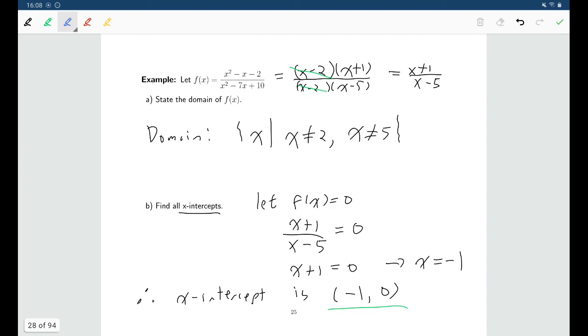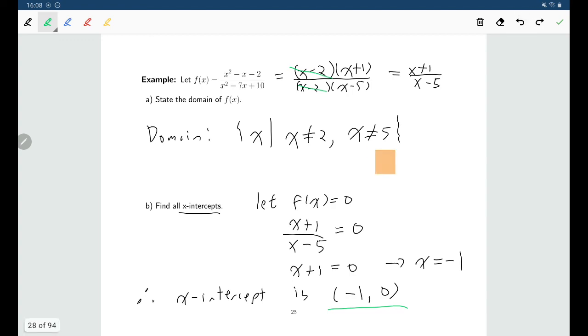So now all we need to do is solve to find out what is the y-intercept. And remember, the y-intercept happens when x is 0. So we're going to let x be 0, and same thing again, you could use either the simplified or the unsimplified version of f of x, and it will lead you to the same value regardless. We know that we can put 0 in. In other words, we are going to find a y-intercept because 0 is in our domain.